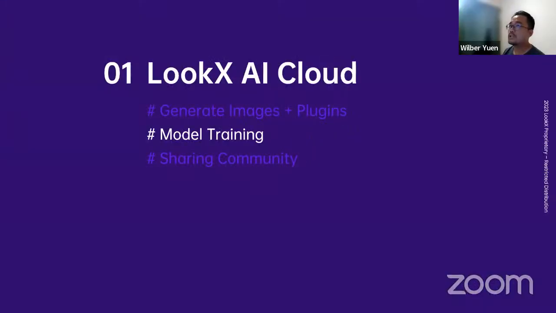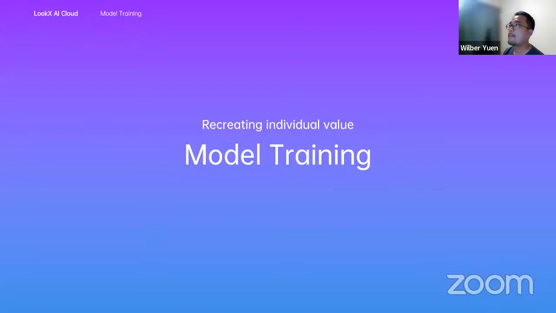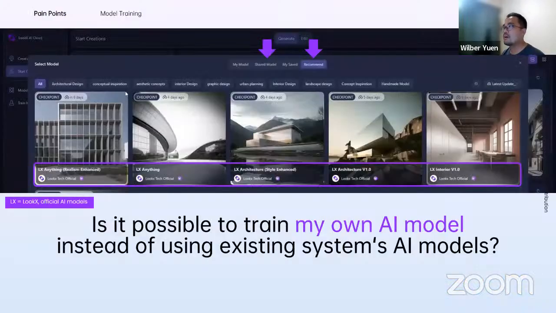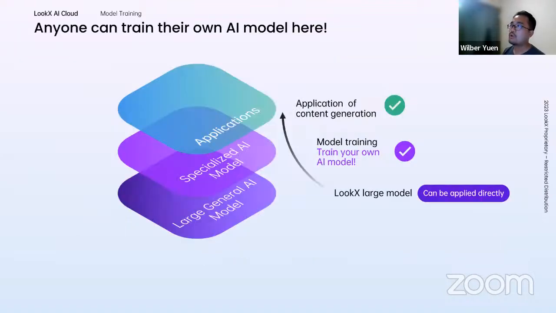And then for the model training part, one question we are often asked is whether it is possible to train our own AI model instead of using our platform's AI model. So the answer is yes. In fact, anyone can train their own AI model here by using our basic AI large model, which has architecture, anything, and also interior ones.